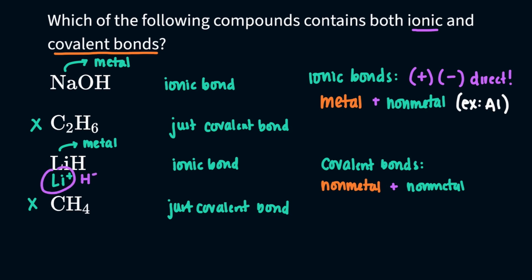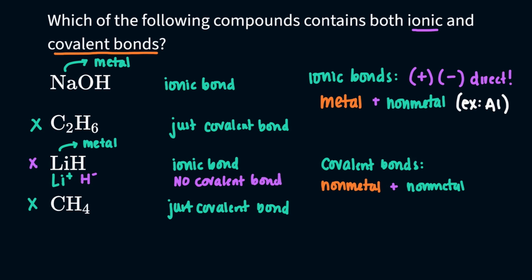So we have Li plus H minus. That's the ionic bond. But there's no other elements left over. This hydrogen is part of the nonmetal of the ionic bond. There's nothing else. So this hydrogen is just going with the lithium. That's just the ionic bond. This one has no covalent bonds to it. There's not enough elements there.